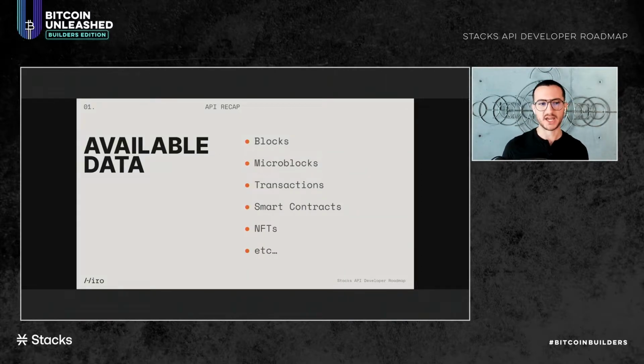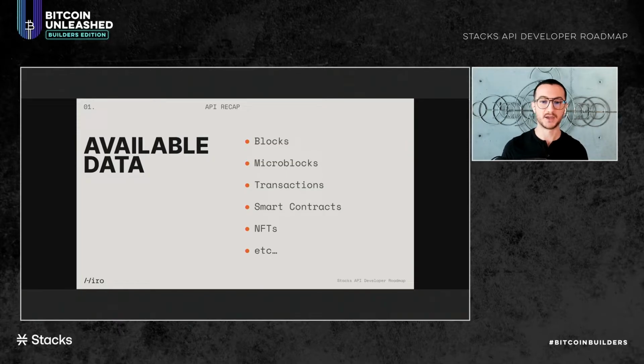So just to recap, some of the data that is available through the API are blocks, microblocks, transactions, contracts, NFTs, etc. Right now, during the past 30 days, for example, we've served around 330 million requests, which is obviously a lot of traffic.